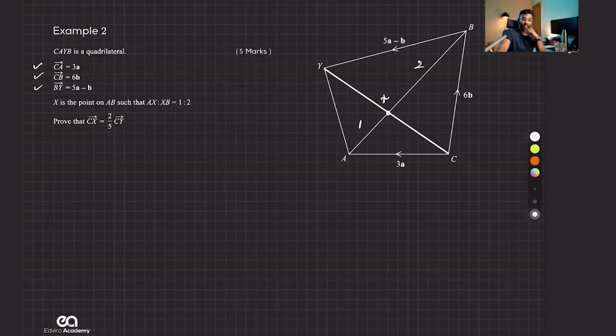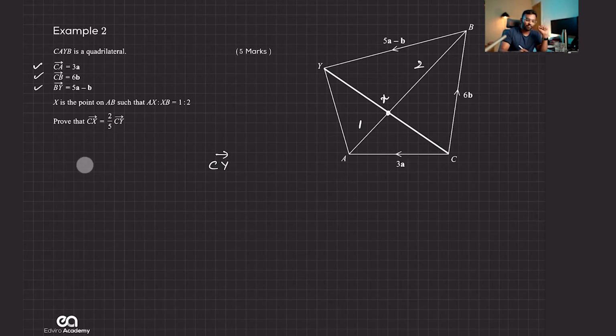Now here is what it is. This is what's asked to prove, right? CX is 2/5 of CY. I would try finding CX and CY. Find it and something will happen then. Is that cool, everyone?